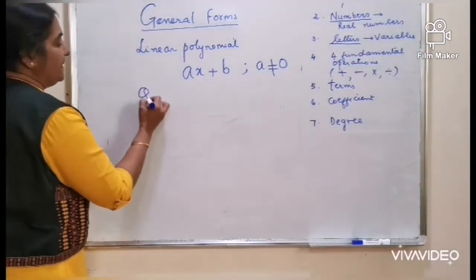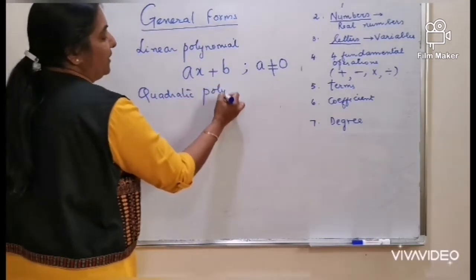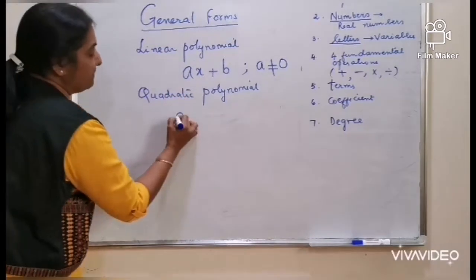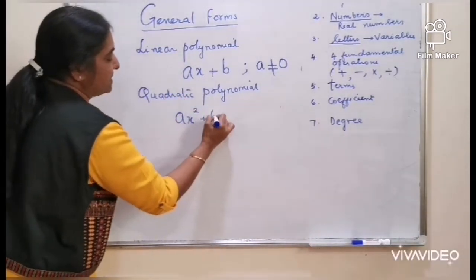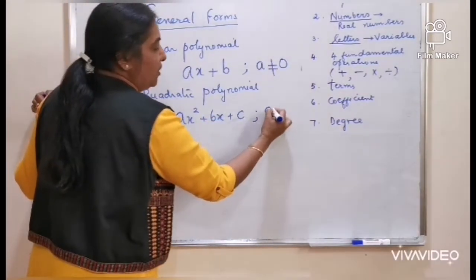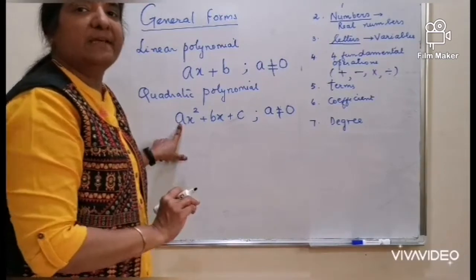Similarly, what will be the general form of a quadratic polynomial? The general form is ax square plus bx plus c. The same logic applies: the term a should not be 0.